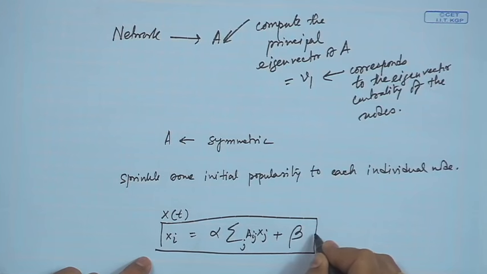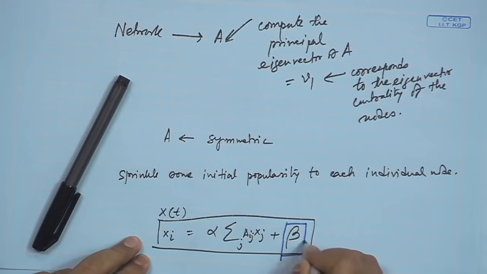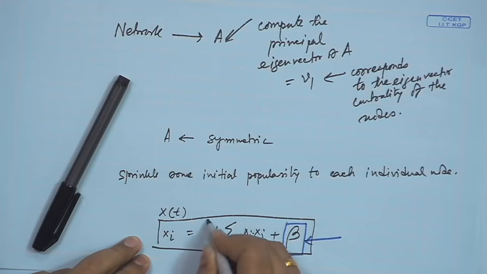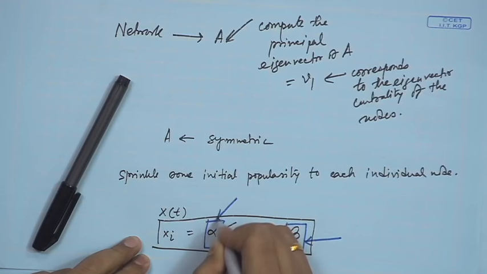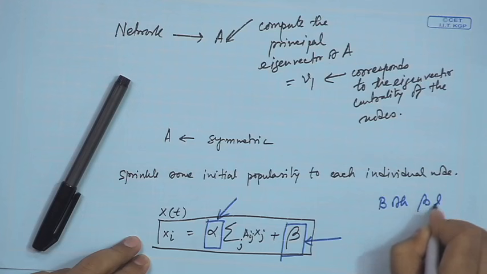So, here in this formula what we have brought in looks very similar to the previous formula that we have introduced for the eigenvector centrality, but we have brought in two important changes. If you look carefully, one is this parameter beta here and the other is this parameter alpha here. So, both beta and alpha are constants.